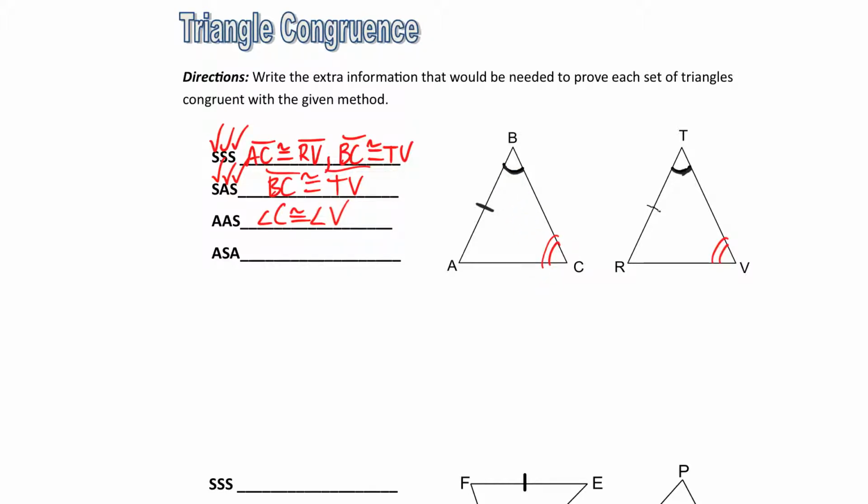Okay? Like it is on this other one. So for angle side angle, what do I need to know? I need to know angle A is congruent to angle R. Like that.